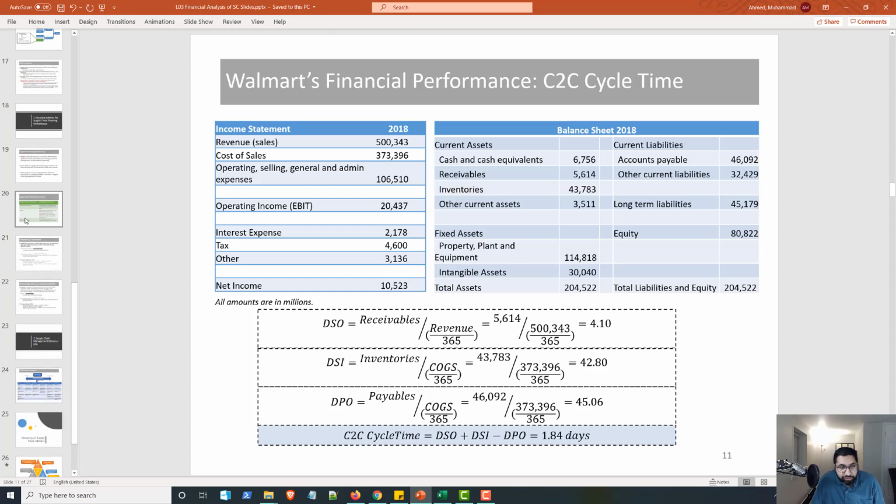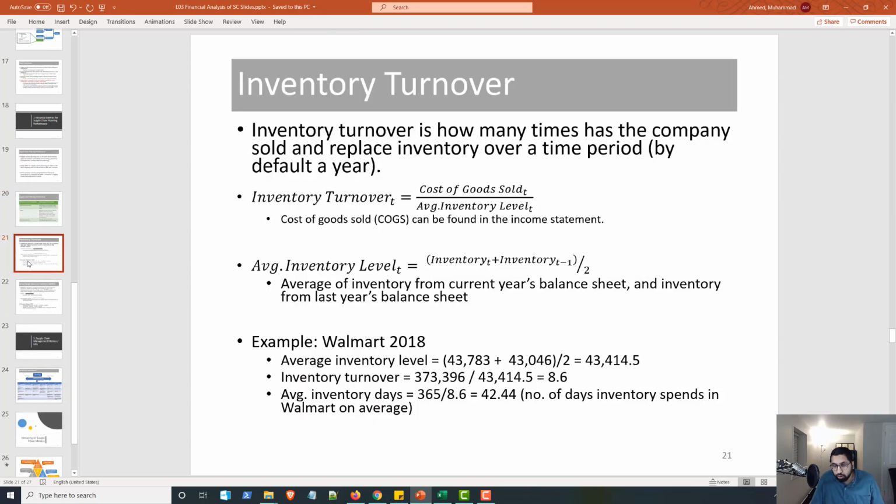If this is a company that you work for, you can actually get a report from the database system which gives you the inventory level in each month or each week, and you can average all those numbers to get the average inventory level. But if you don't work for the company, all you have is the financial statements.